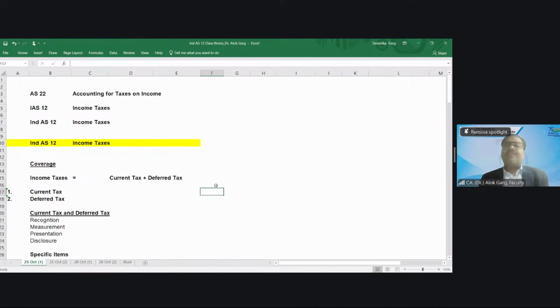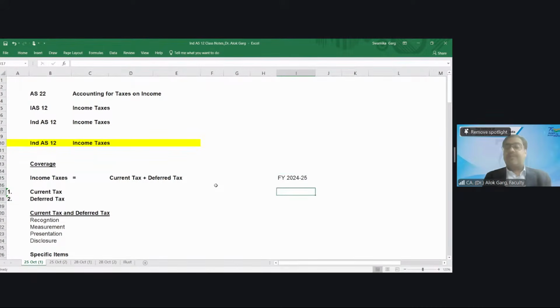Now, what is current tax? Current tax means a tax which has to be payable as per the current provisions of income tax. Means, how will you arrive at a provision for current tax? For example, there is a company which has prepared the financial statements for financial year 24-25.